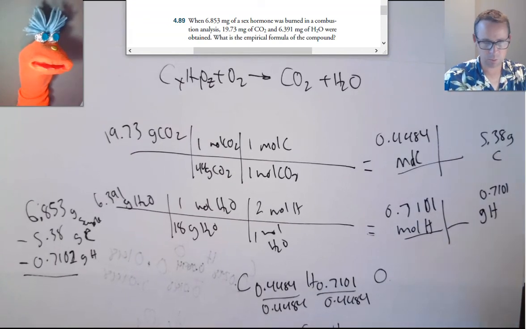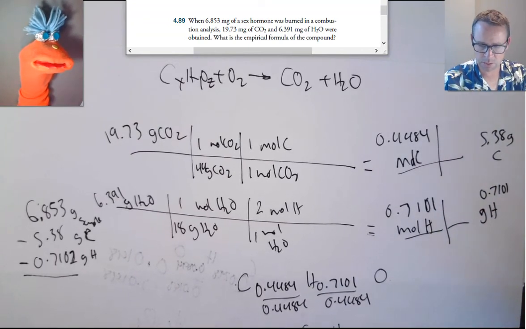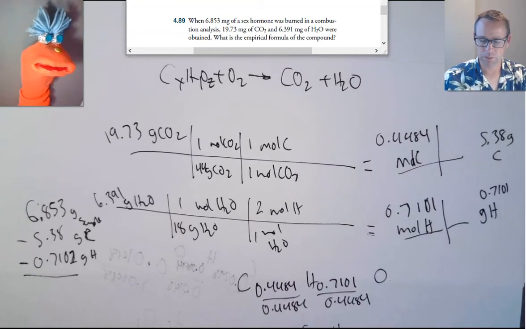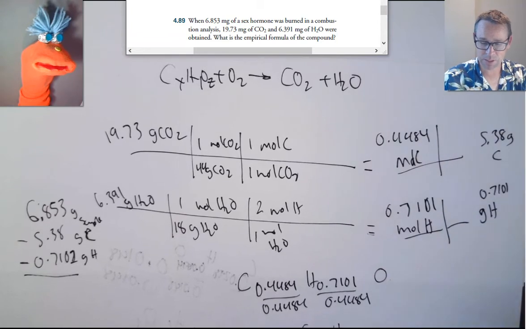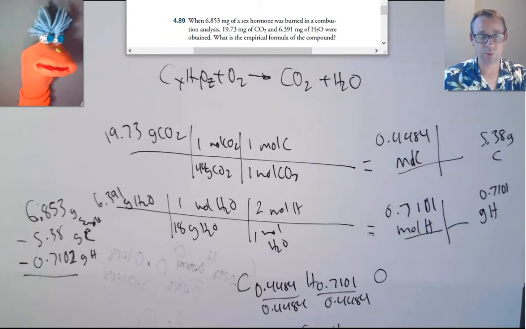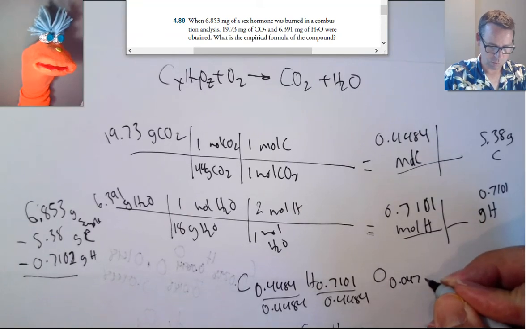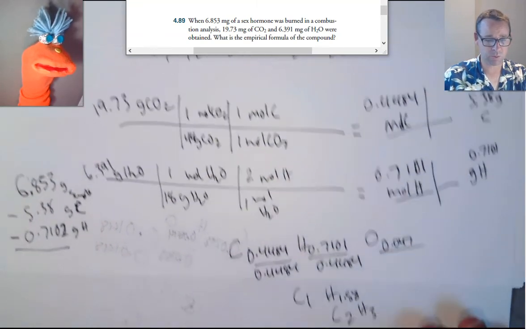Very good. So 6.853 minus the 5.38 minus the 0.7101. So I got 0.761 grams. Divide that by 16. 0.047 moles of oxygen.